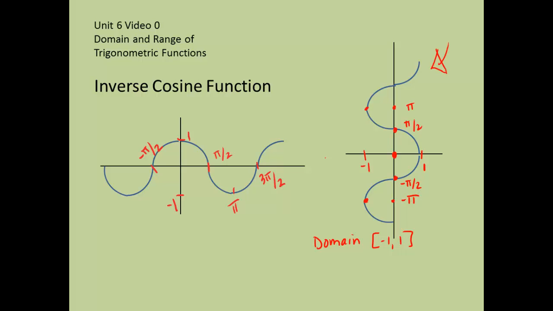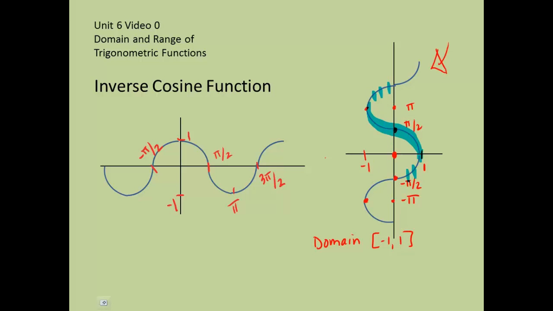So as you can see, we still have that issue of repeated values if I were to use my vertical line test. So let me grab my highlighter, and if I take a look at the values from 0 up to pi in the vertical direction, I will have absolutely no repeats. As soon as I choose values outside of that, you'll see that my vertical line test would fail.